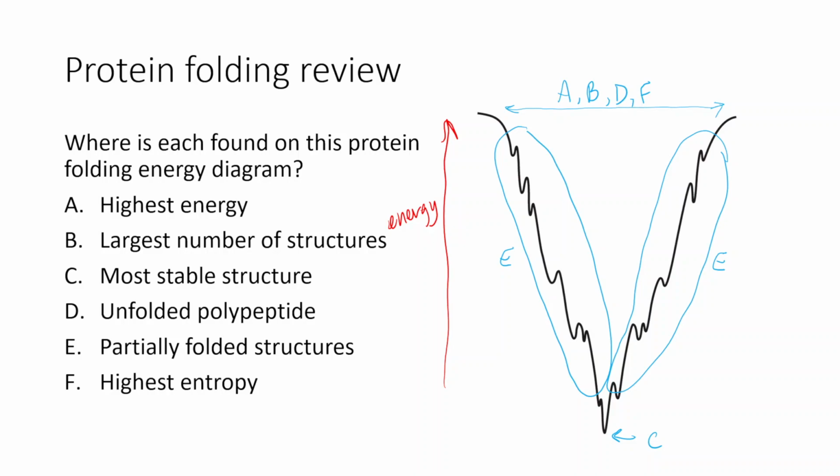So if you think about this diagram as a whole, you can imagine it as a journey that this protein can take, right? At the top, it's like a fresh new protein. It's unfolded. It has its whole life ahead of it. It doesn't know what it wants to be, and then it's going through all these changes. It's trying to fold because it has all this high energy. It's unhappy. It really wants to be happy by lowering its energy.